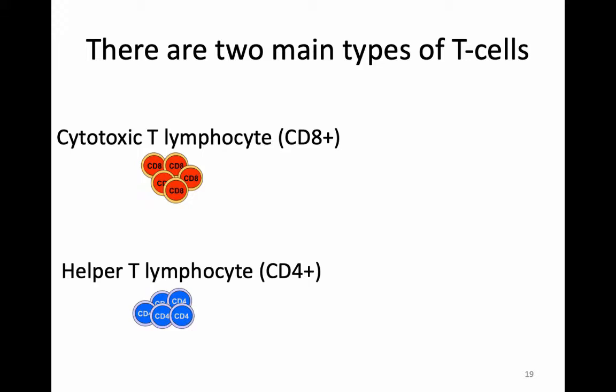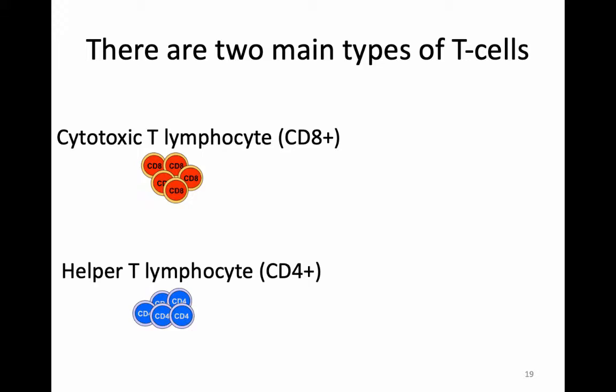The other type of T cells that we're focusing on in this course are helper T lymphocytes, which will express MHC1 on their surface as a self-human cell, MHC2 on their surface, and will also express the CD4 receptor on their surface. The helper T lymphocytes will be responsible for dealing with exogenous antigens.